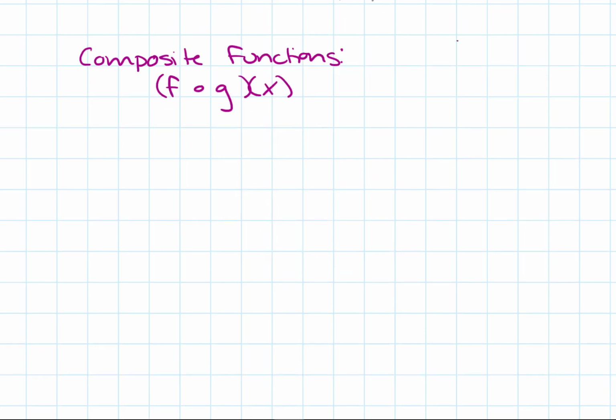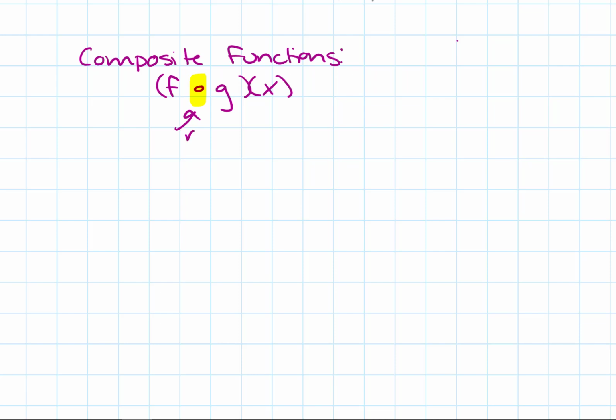We're going to focus on composite functions, also known as composite functions. It can be said either way. Now what I want you to notice is the notation. The O in between the f and the g is an open circle.